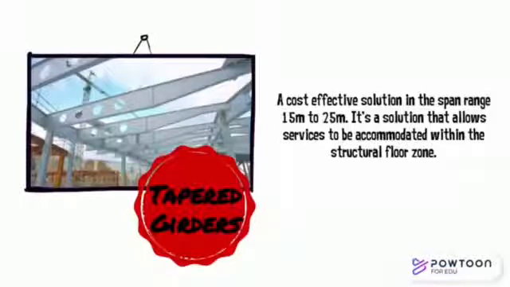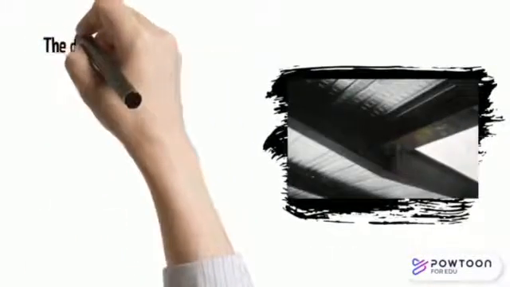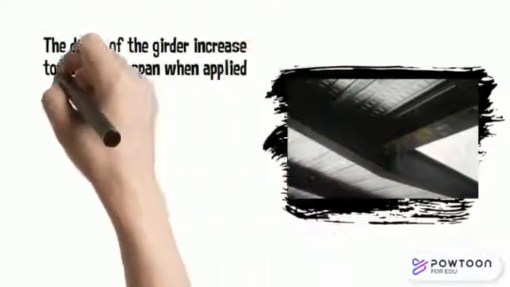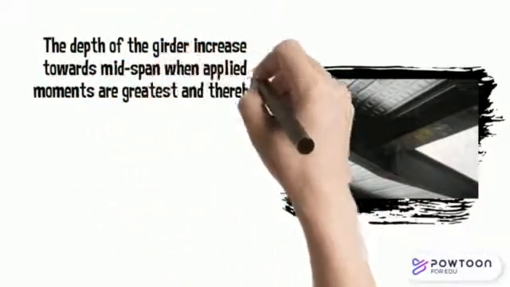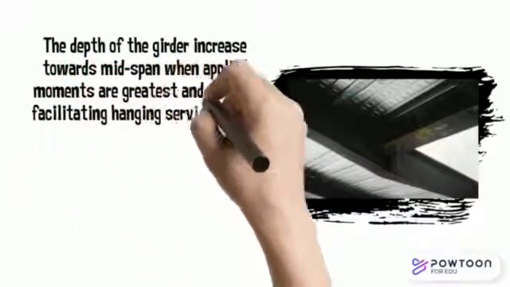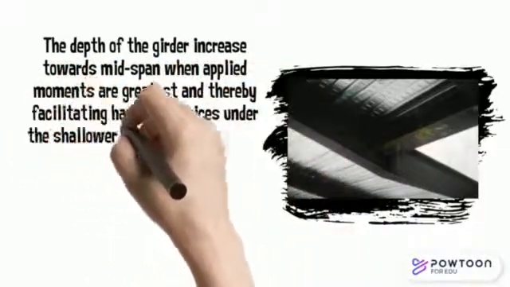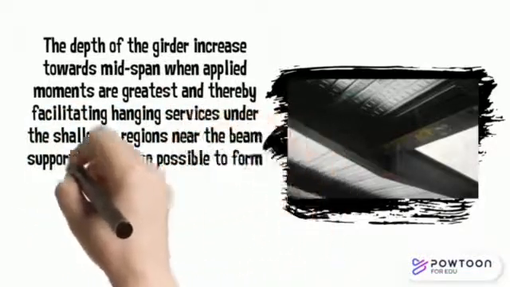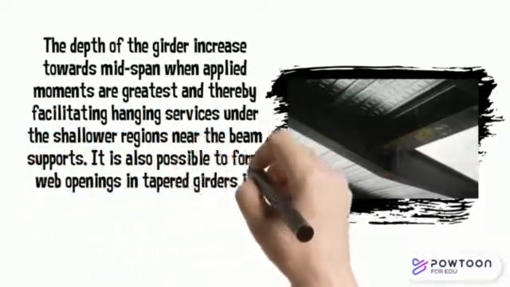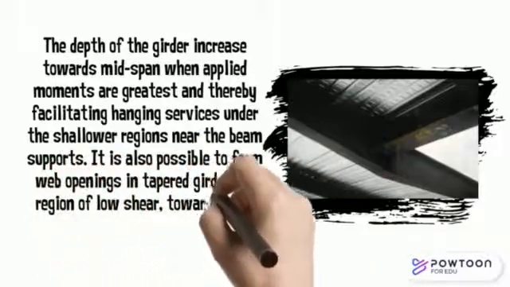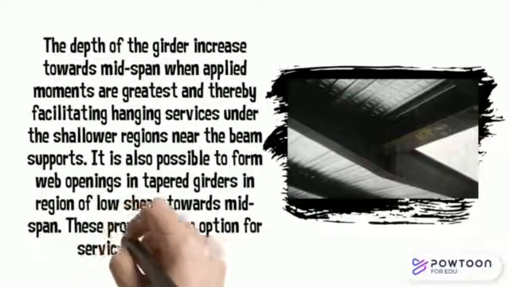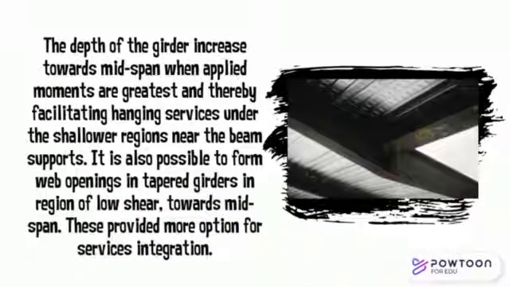The depth of the girders increases towards mid-span, where applied moments are greatest, thereby facilitating hanging services under shallower regions near the beam support. It is also possible to form web openings in tapered girders in regions of low shear towards mid-span. This provides more options for service integration.